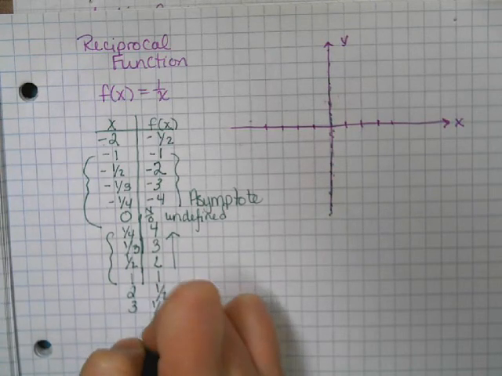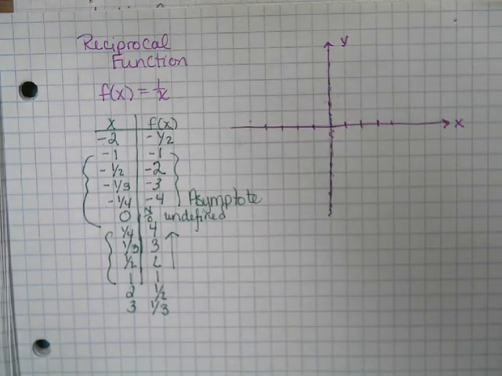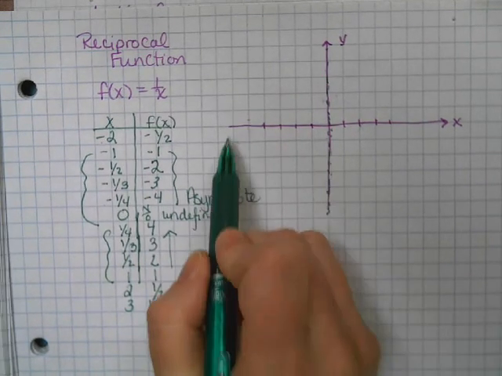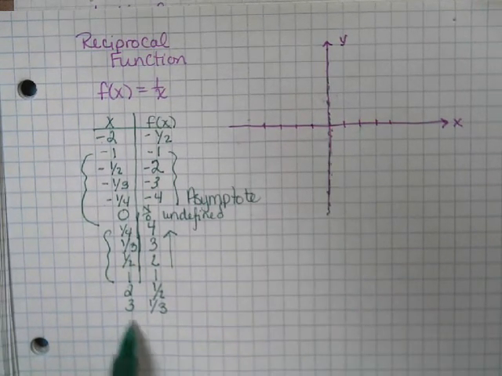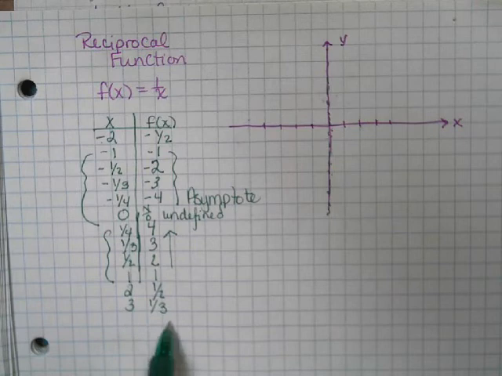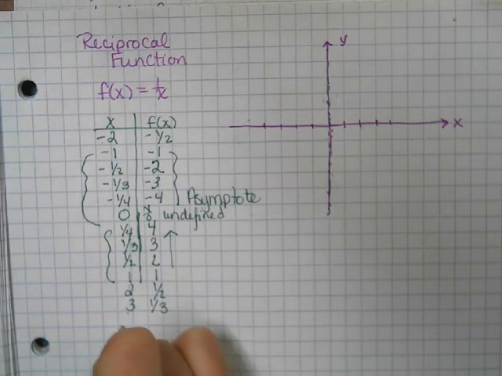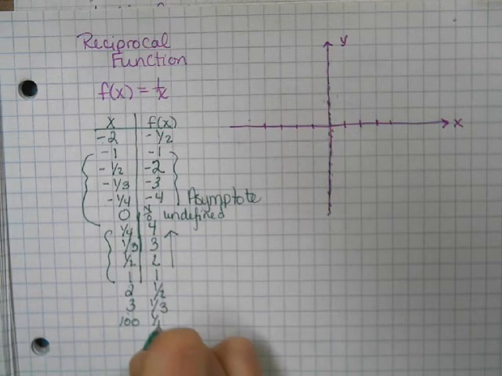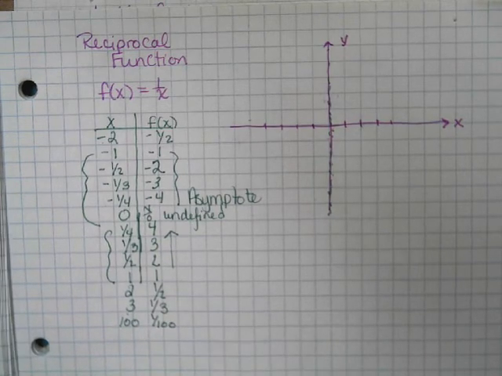But after 1, for 2 it's 1/2, for 3 it's 1/3, etc. It gets really, really small. I'm never going to get 0. There's no number that I could plug in that will ever give me 0 out. I'll just get something very, very small. Like 100 would be 1 over 100.